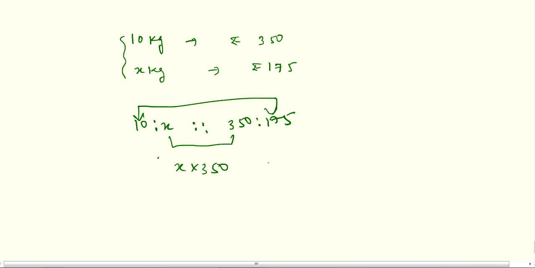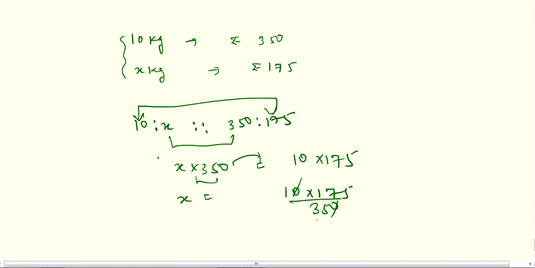So x into 350 equals 10 into 175. So x equals what? 10 into 175. This is multiplying here, when it goes there it will divide. So upon 350, 0 0 get cancelled, 5 sevens are 35, 5 threes are 15, then 2 remaining, 5 will become 25, so 5 fives are 25, 7 ones are 7, 5 ones are 5. So x equals what? 5. So 5 kg sugar can be bought from rupees 175.